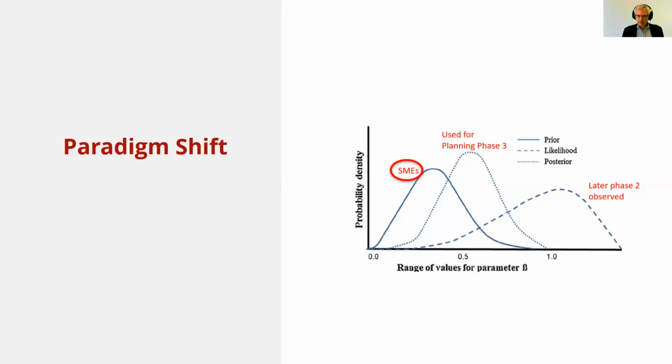So just as I said with the parking ticket and the, what was the other example? The weather example, carrying an umbrella: prior belief, new information, updated to a new estimate, a posterior estimate. And then if we are starting a phase 3, we would use the dotted distribution to plan our phase 3 study.